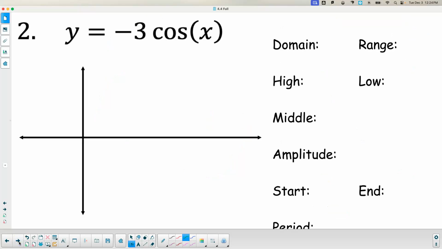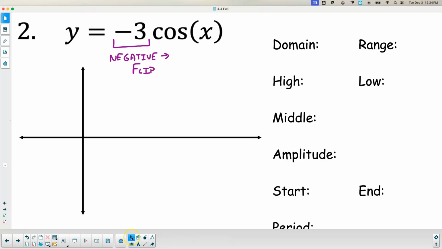Next one is y equals -3 cosine of x. I will tell you that whenever you have a negative value, you will then flip the graph. Okay?